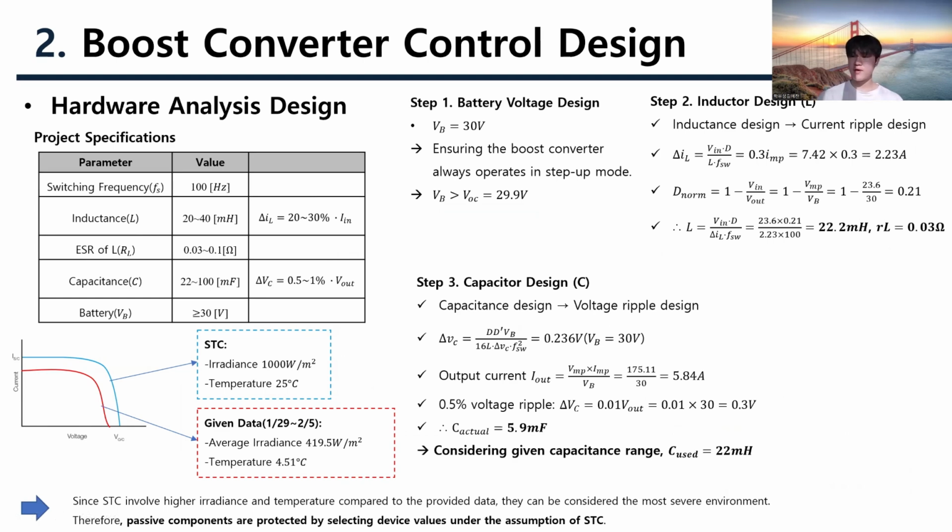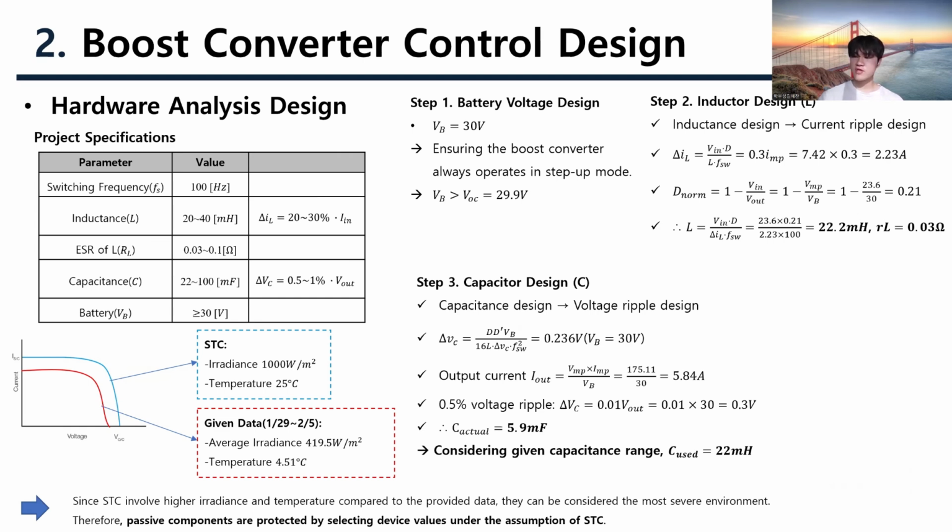For hardware design, we designed the passive components under STC condition, since STC represents the most severe operating environment in terms of both irradiance and temperature compared to our measured data average of 419 and 44.51 degrees Celsius.